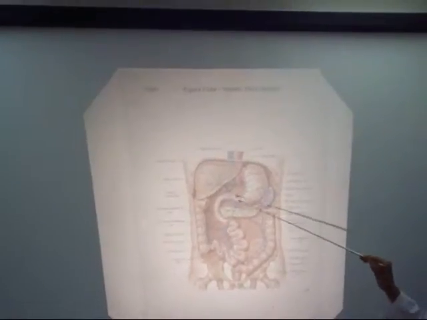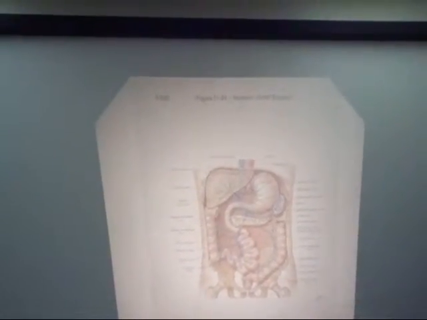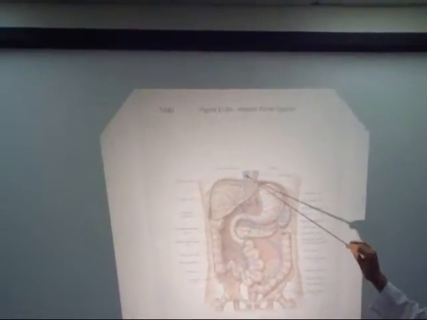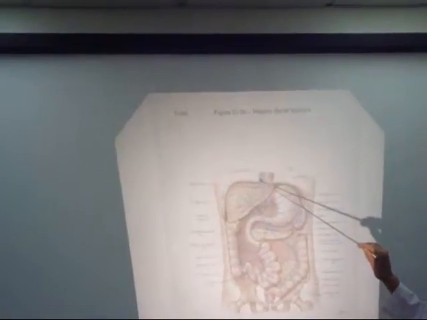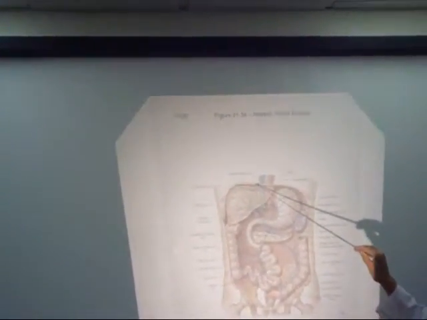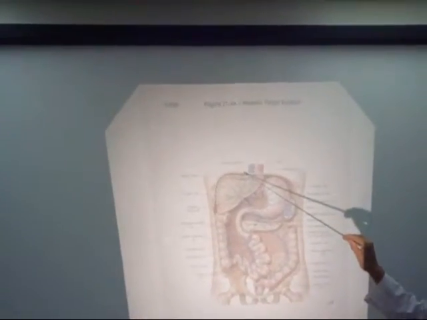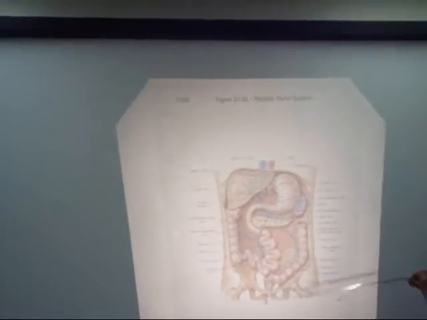This blood goes to the liver and comes out of the liver into the systemic venous circuit. So when we're in the inferior vena cava, we're in the systemic venous circuit. Same thing with the superior vena cava. So that's what a portal system is. So this is the hepatic portal system.